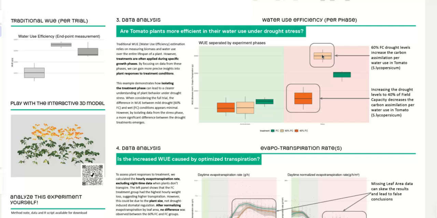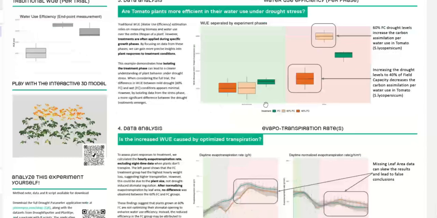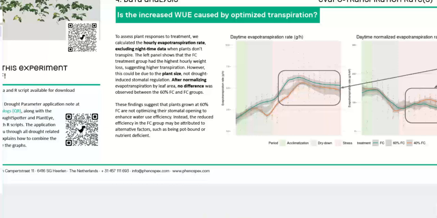However, it also gives rise to a new set of questions, such as whether the plants under drought stress transpired less. And to further dive into the plant responses, we can visualize the evapotranspiration as a rate. In this example, we calculated the water loss for every hour during the trial.